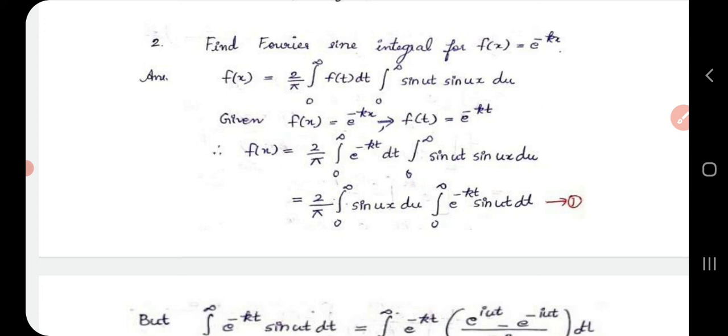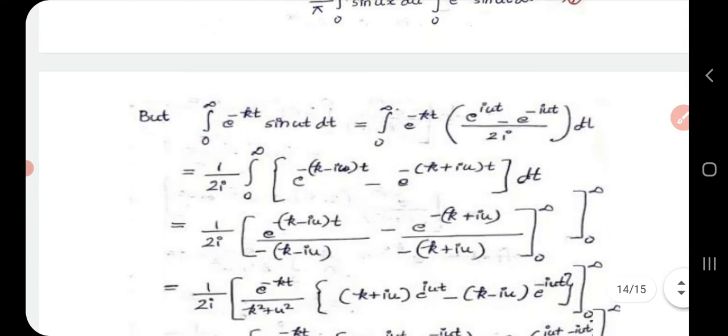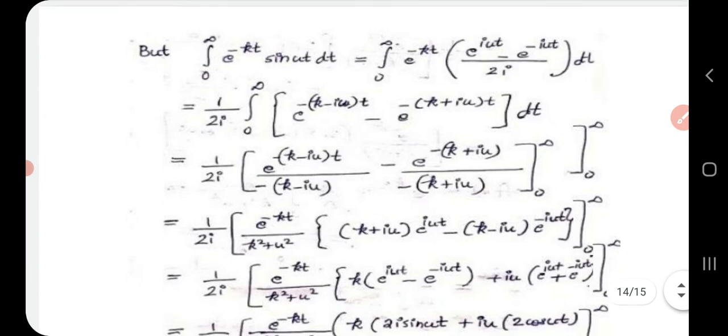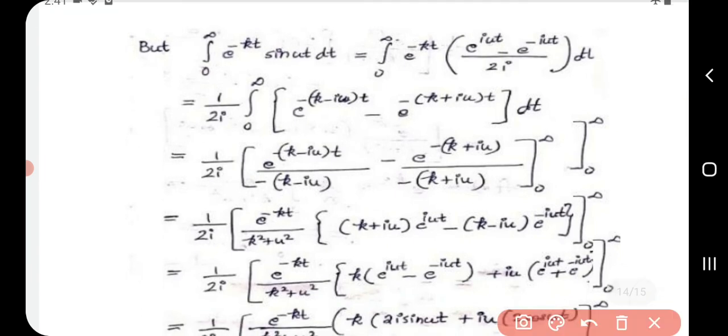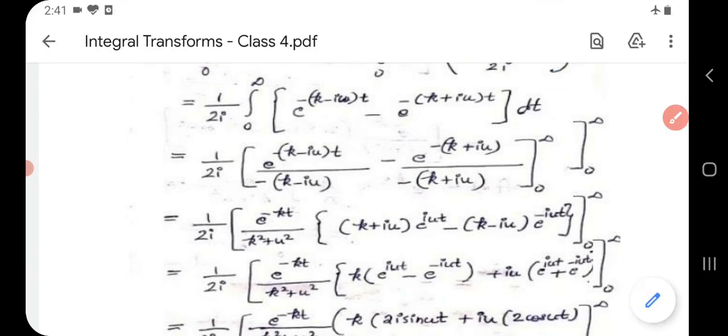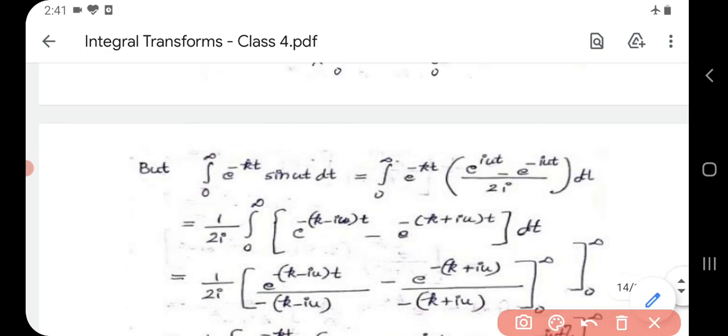So I am not repeating, but here I have applied a simple technique for evaluating. See, everything is the same, right? But the only thing is that in the above function, in the Fourier cosine integral, this was e raised to iut plus e raised to minus iut by 2. Okay, since it is sine here, there is only a change in this.